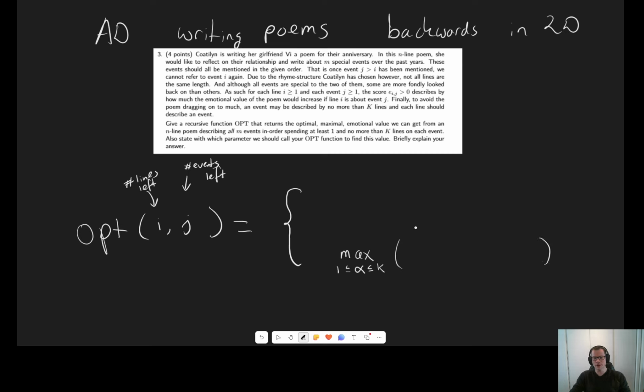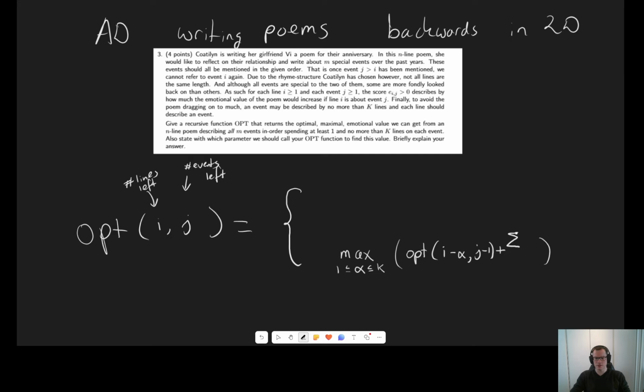When I pick a certain number alpha, I'm going to spend that many lines on this event, so I will have i minus alpha lines remaining. And I will now have one event less after this, because I've used this event fully. But in spending these alpha lines on this event, I also get a reward. And what is the reward I get? Well, I basically get all of these E i j values. And which ones do I then get exactly?